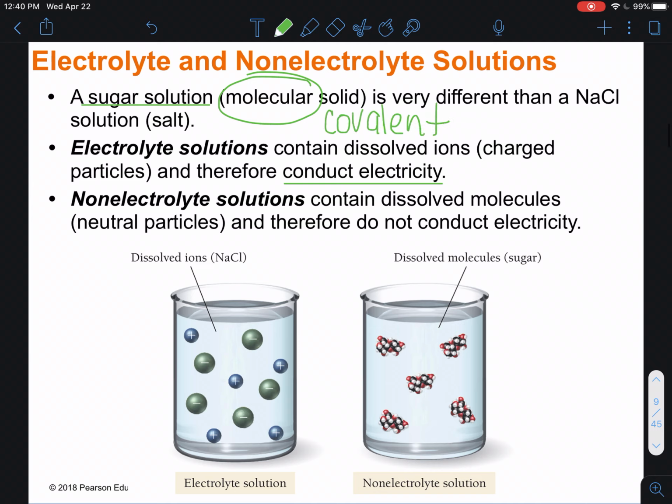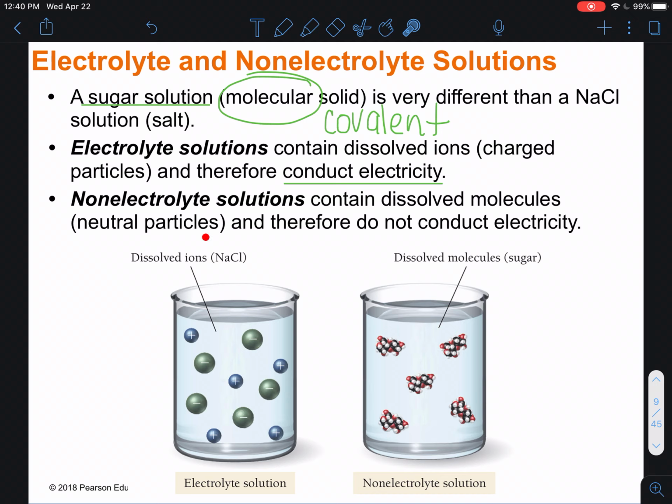We know that when we put sugar in water, and if you don't know this, you do now, it does dissolve, but it does not conduct electricity. It is a non-electrolyte. This is because even though sugar dissolves in water, it forms neutral particles, meaning it's not charged ions.